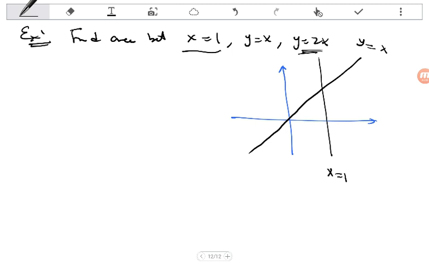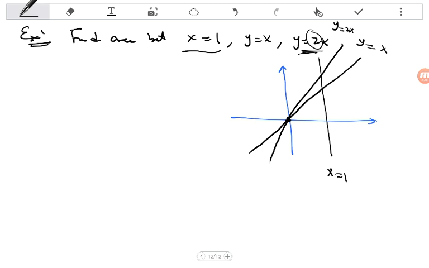And another straight line, y equals 2x. This is another straight line, but with a larger slope. A larger slope will be like this. It also passes through the origin.